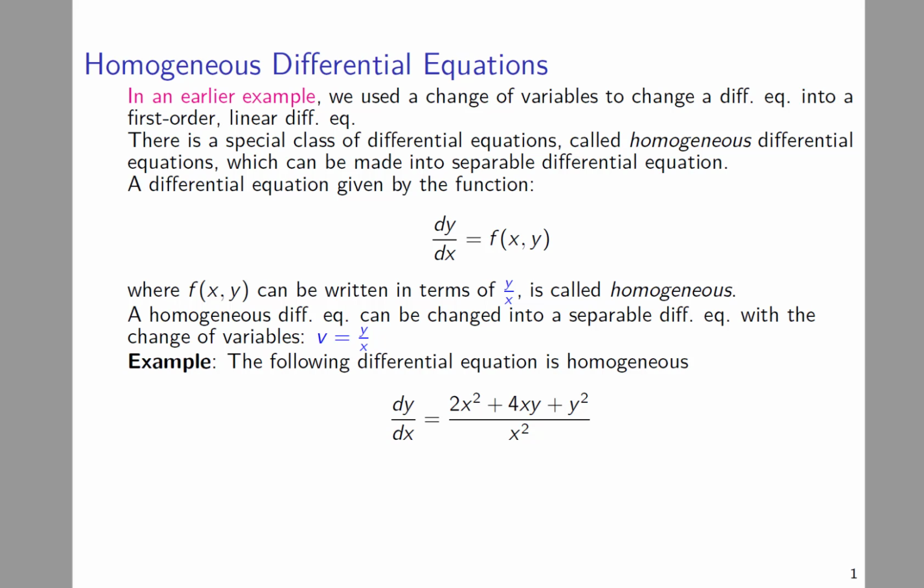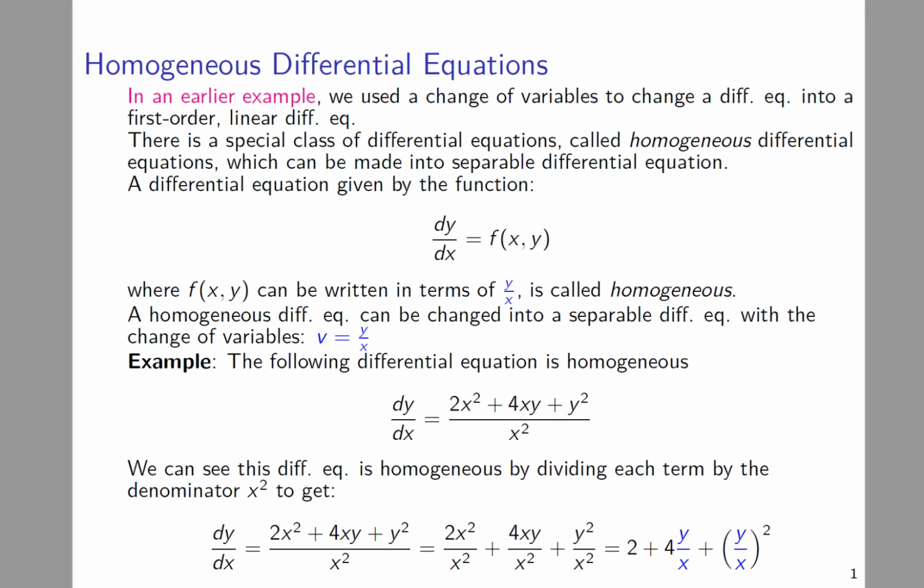is homogeneous. We can see this by dividing each term by the denominator x squared. That is, we'll divide 2x squared plus 4xy plus y squared by x squared to get 2x squared over x squared plus 4xy over x squared plus y squared over x squared.